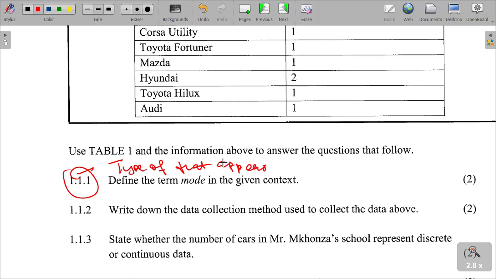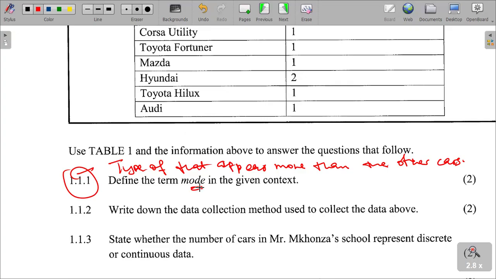The mode is the type of car that appears more than the other cars. So, what do you mean by mode? Mode is the type of car that is appearing more than other cars, or the type of car that appears the most. I'm sure you can understand this.